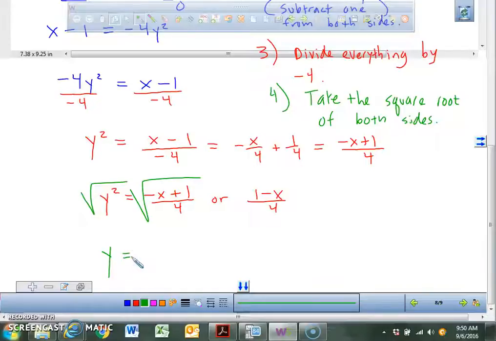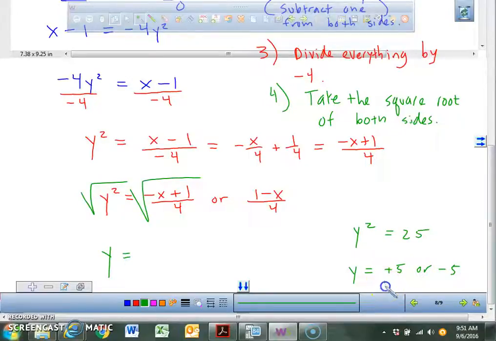Now, whenever you take the square root of something and you're dealing with an equation, you're actually going to have two answers. You're going to have a positive, and you're going to have a negative. So let's review something real quick. If I said y squared equals 25, what could y equal to make that statement true? That could equal a positive 5, or it could equal a negative 5.